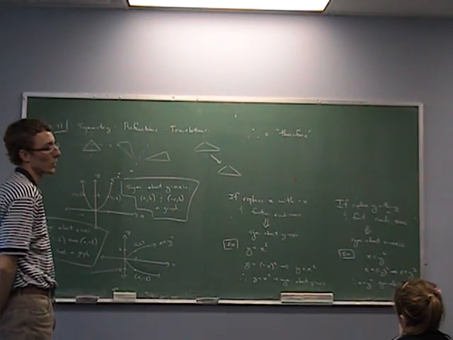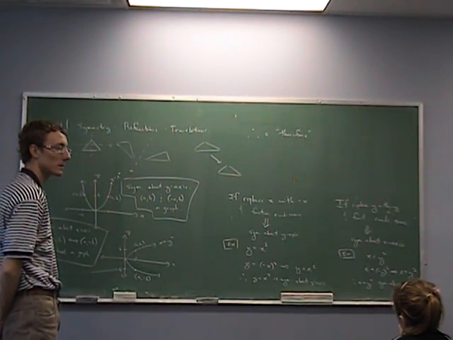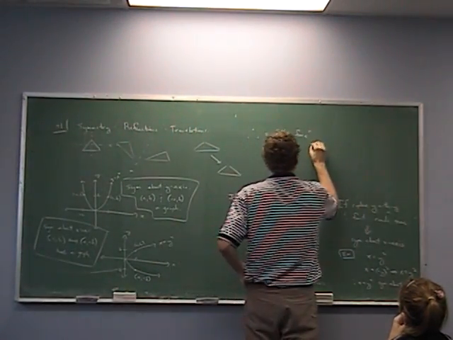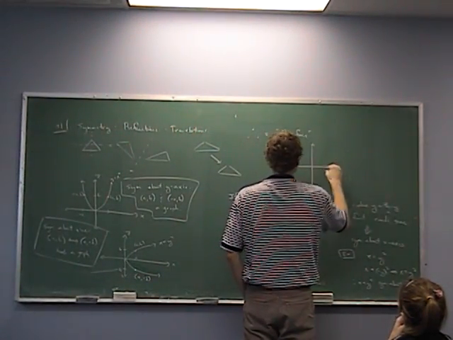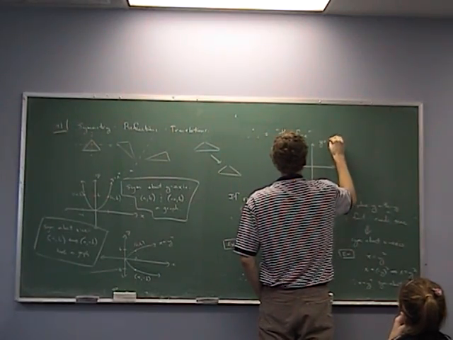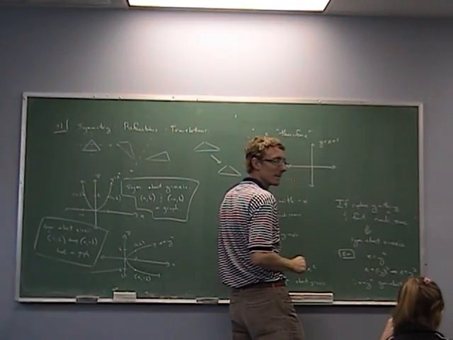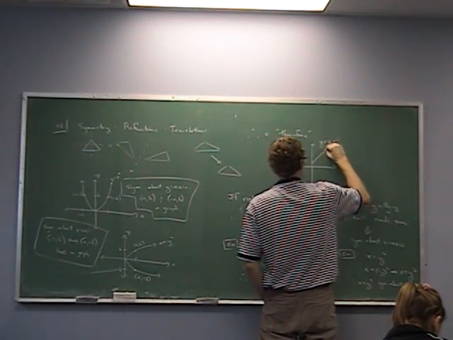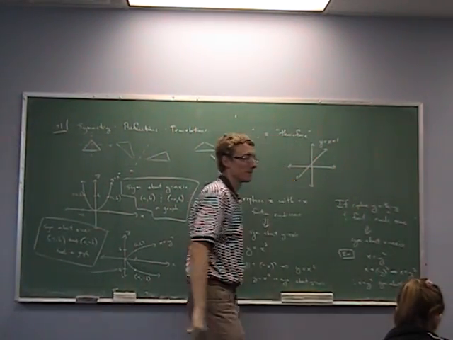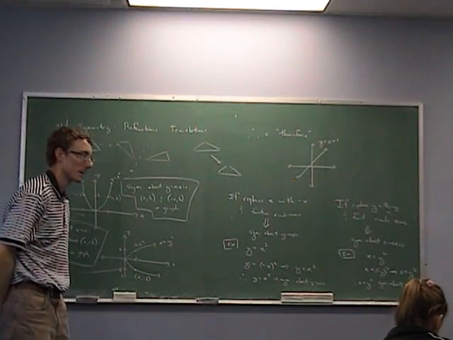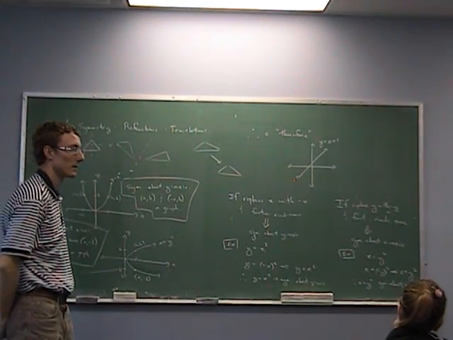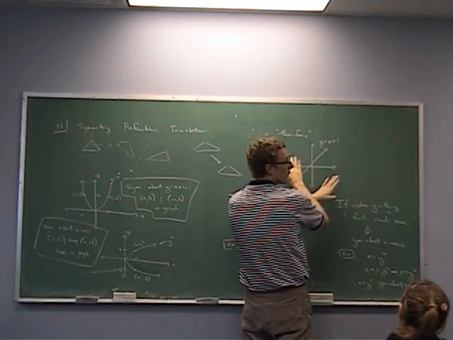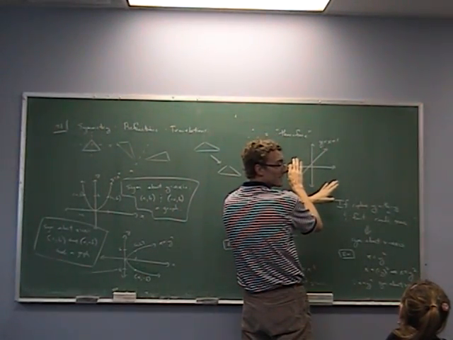Can you think of a function that wouldn't be symmetric about any axis? What about y equals x plus 1? That's a line with a y-intercept of 1 and a slope of 1. Do you agree that's not symmetric about the x-axis or the y-axis? If it's symmetric about the y-axis, when you fold it, it should fold on itself.